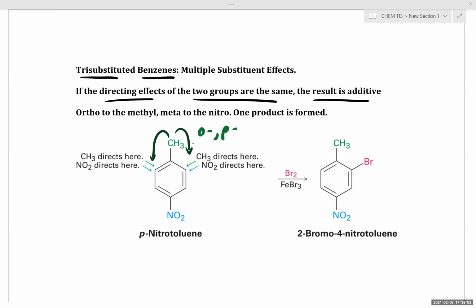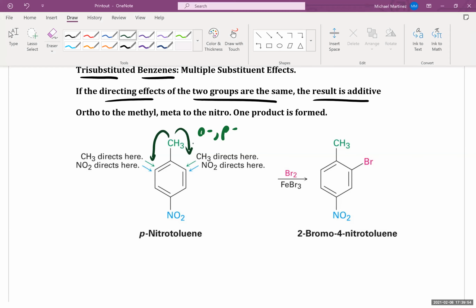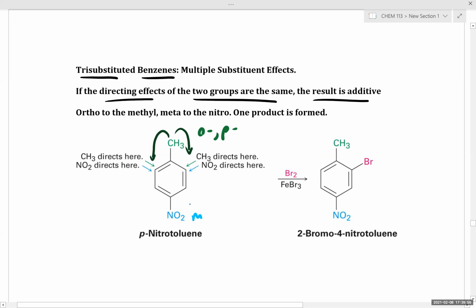And your nitro group, which is a meta director, is going to direct to the meta positions relative to the nitro group.